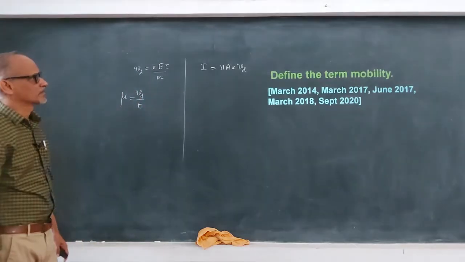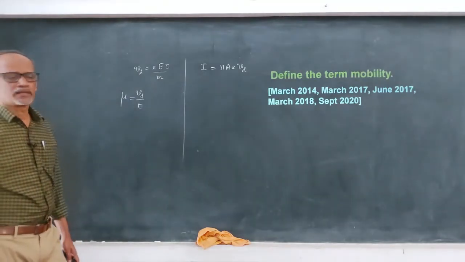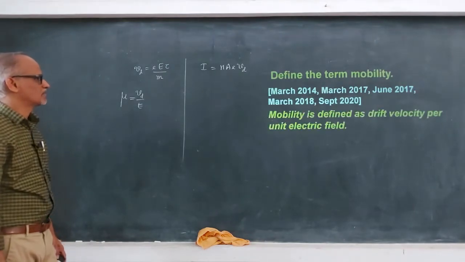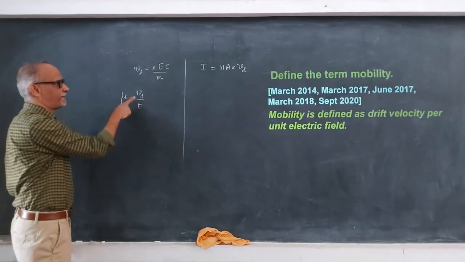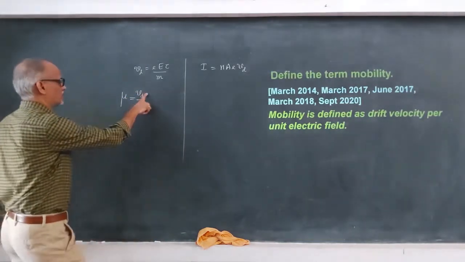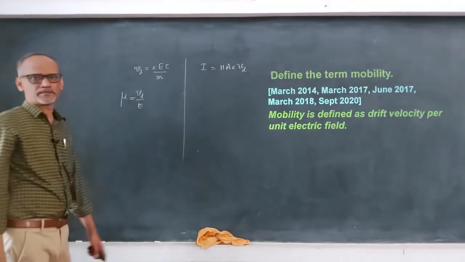You can see the definition appeared 5 times in the define the term mobility. So what is the definition? Mobility is defined as the drift velocity per unit electric field. Drift velocity per unit electric field is called the mobility of the free electron.